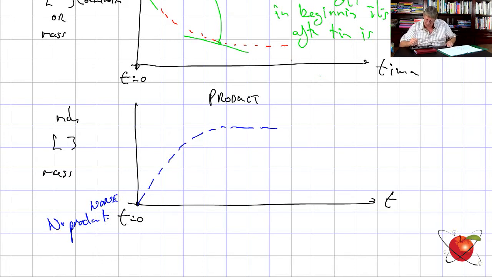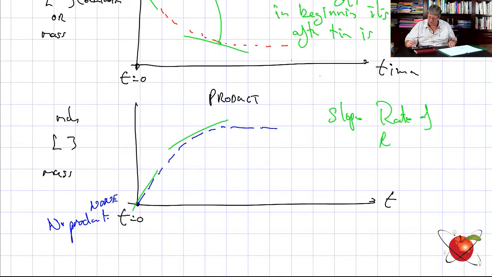But can you see once again, the slope of the line over here is steep. So the slope, which is actually the rate of reaction, slows down till we get to a constant rate.